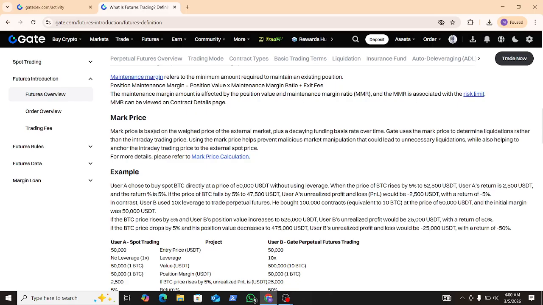User B's unrealized profit would be 25,000 USDT with a return of 50%. If the BTC price drops by 5%, his position value decreases to 4 lakh 75,000 USDT. User B's unrealized profit and loss would be minus 25,000 USDT with a return of minus 50%.